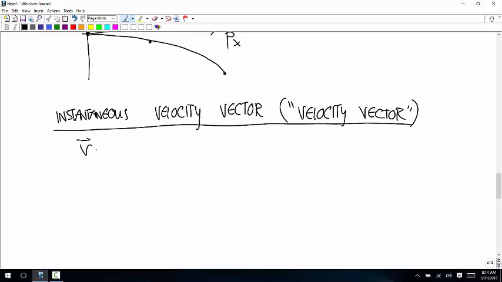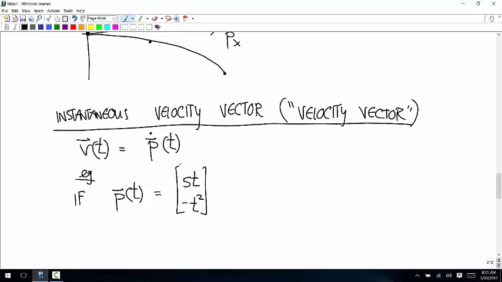So the definition of the velocity vector as a function of time is the time derivative of the position vector. So for example, if the position vector as a function of time, the one I just used, is equal to 5t, negative t squared, then the velocity vector as a function of time is equal to 5, negative 2t.